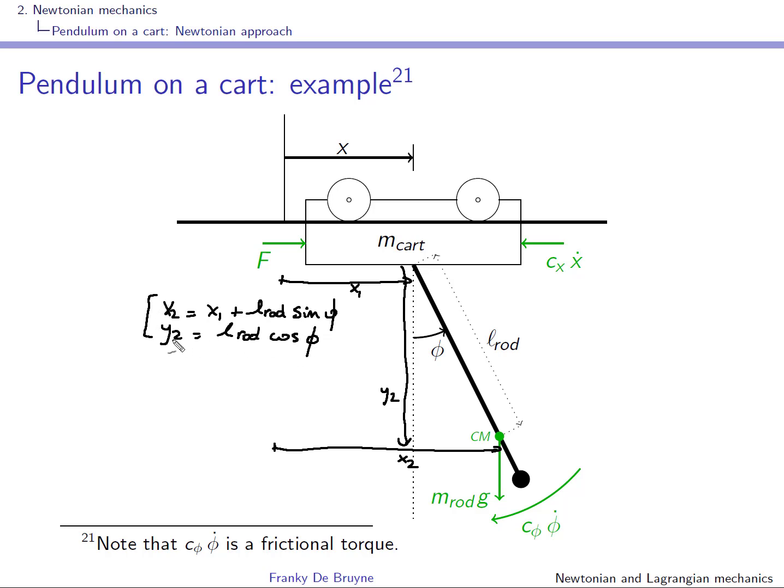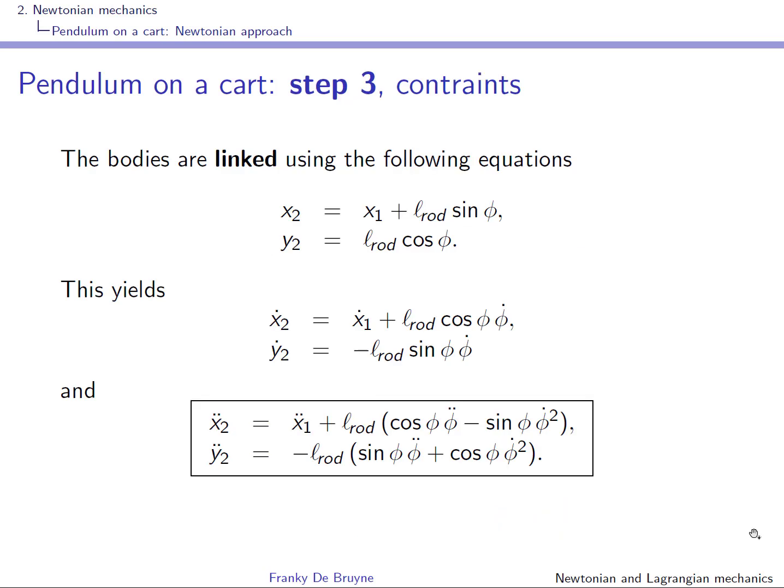These two equations are kind of linking equations. They link the different variables. Okay, we've seen that x2 and y2 are linked to x1 and phi. And if you look at it, x1 and phi will be the degrees of freedom, right?